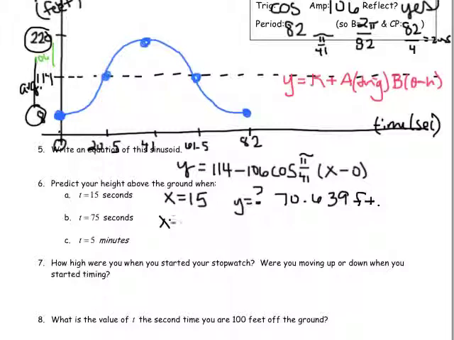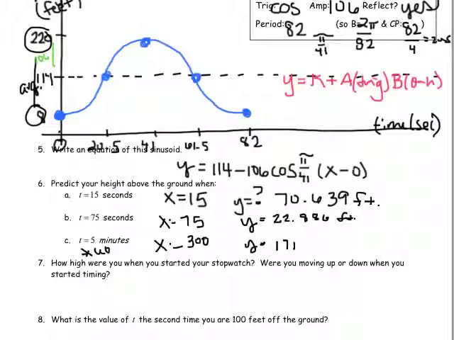So when x is 75, you should get 22.886 feet. And then make sure for minutes you type in the second version, so 5 times 60. So when x is 300, we get 171.62 feet.